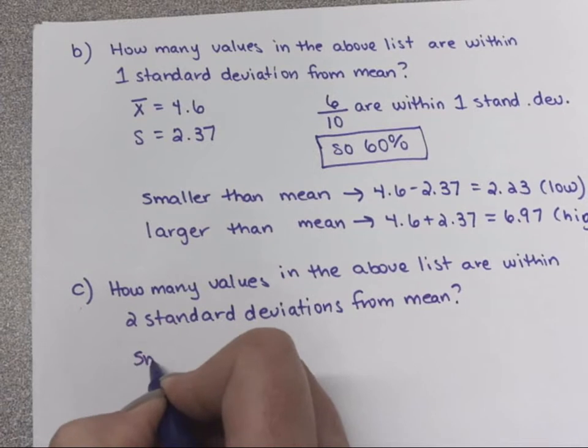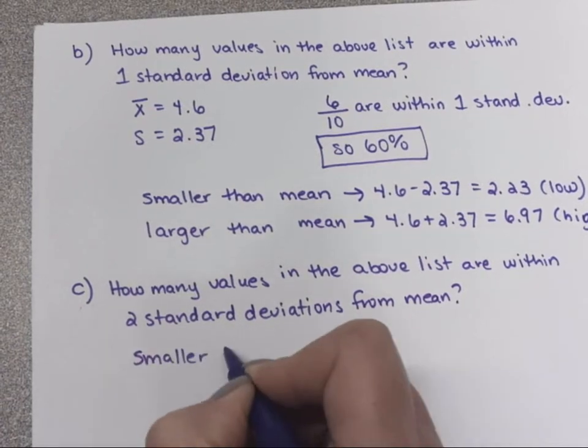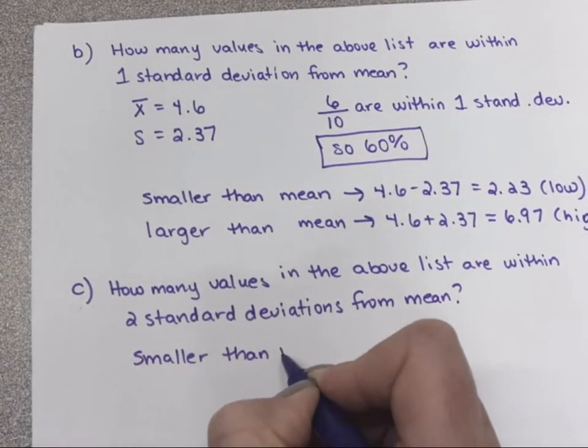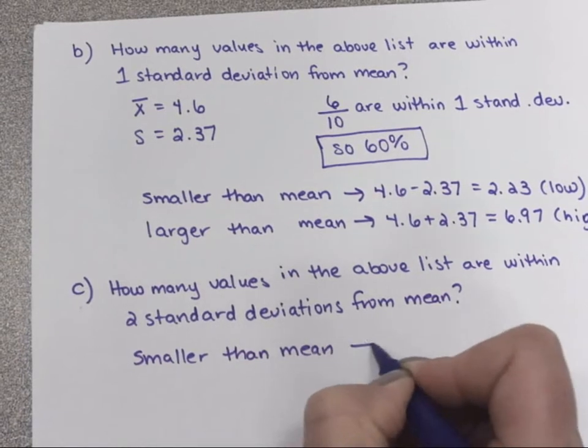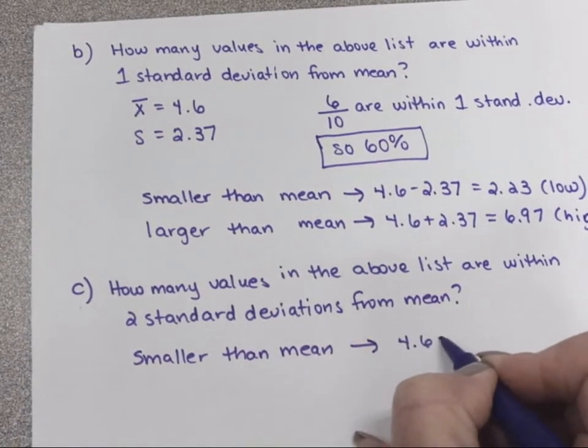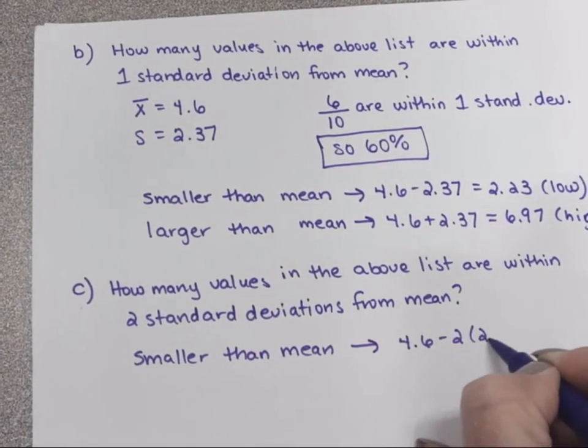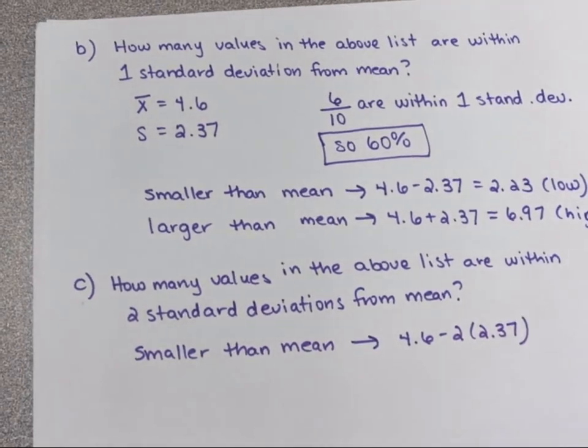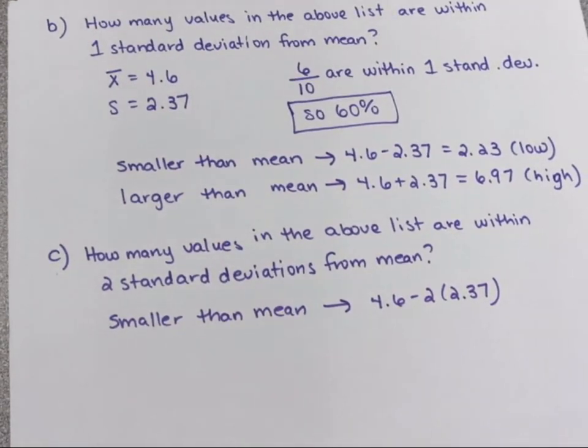So let's do a calculation here. What I mean by that is we don't want to go any smaller than this. So it'll be 4.6 minus 2 times the standard deviation. That's what 2 standard deviations mean, literally 2 of those sections of 2.37.